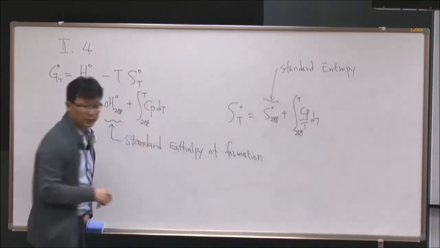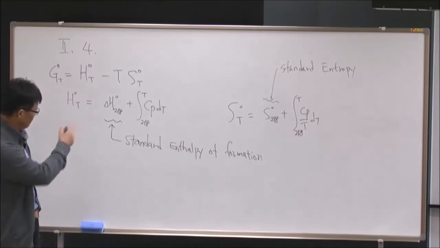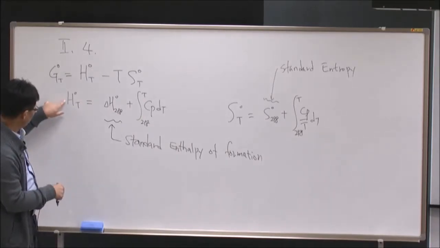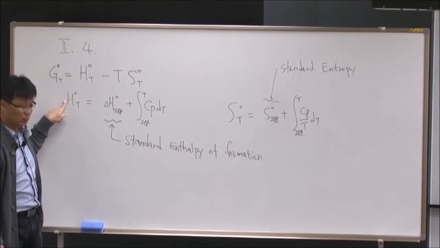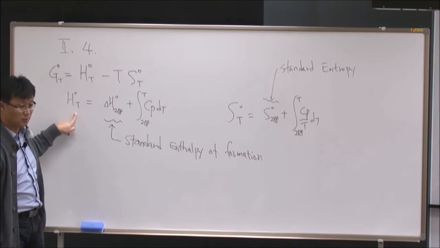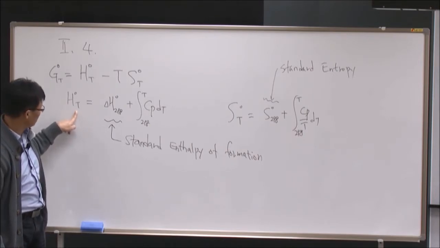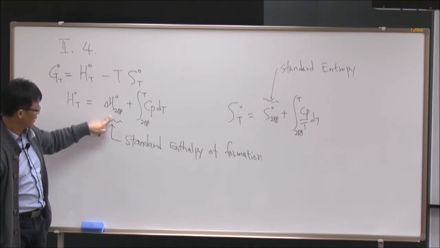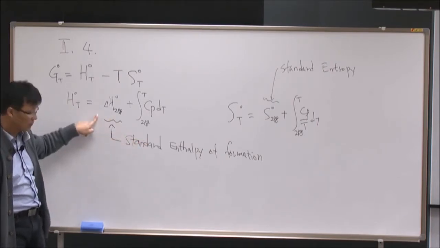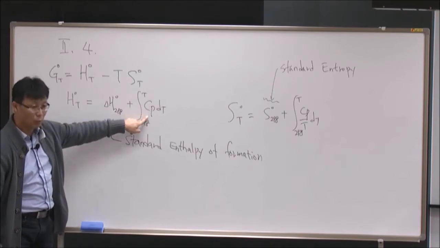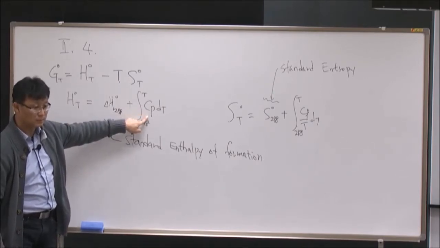And of course Cp is the heat capacity, and typically if this is 1 mole, then instead of big H, we can use small h, molar enthalpy at the given temperature, which is the standard molar enthalpy of formation plus the integral of molar Cp. Okay?